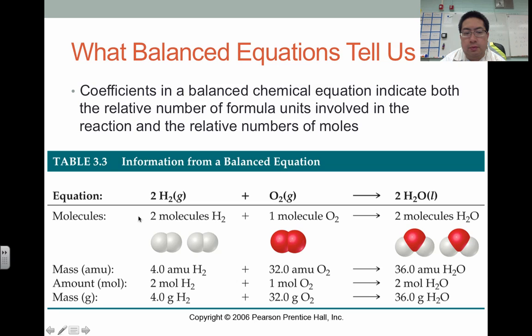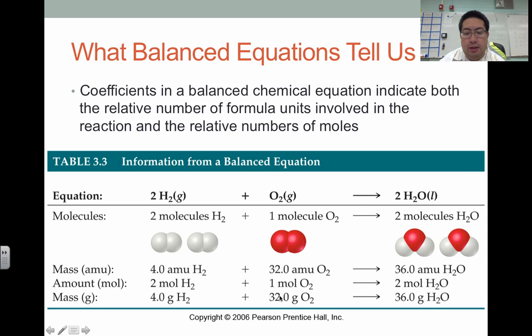Okay. What this also tells us is the relative amounts. It's almost like a recipe, for instance. The proportionality is shown here. So for every 2 parts of hydrogen added to every 1 part of oxygen, you get 2 parts of water. And that's true for molecules and moles.